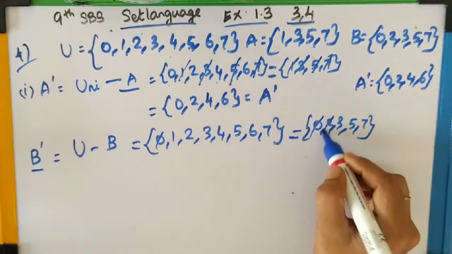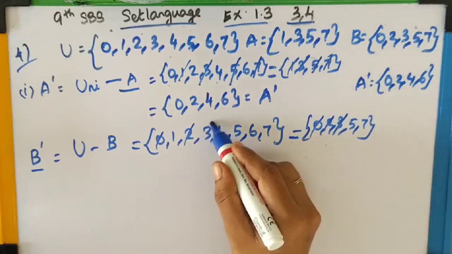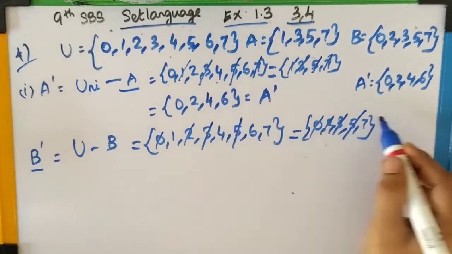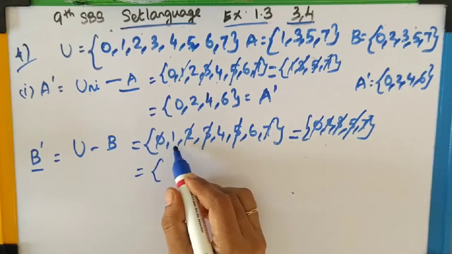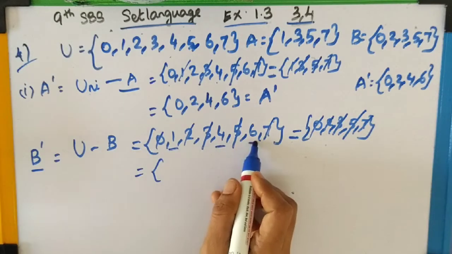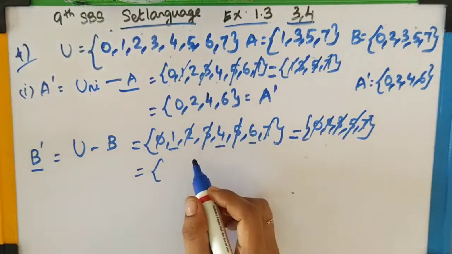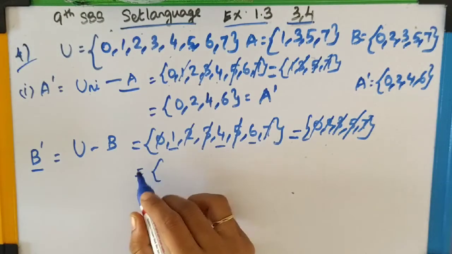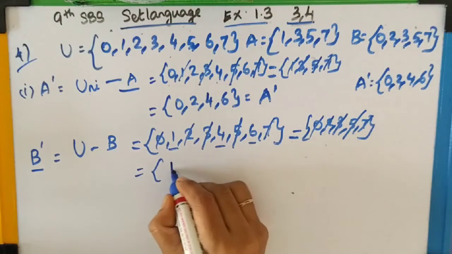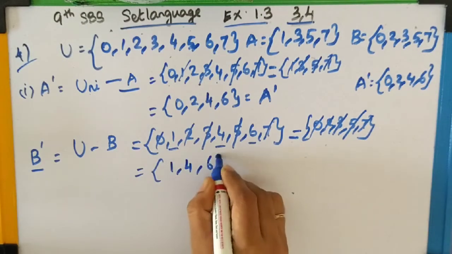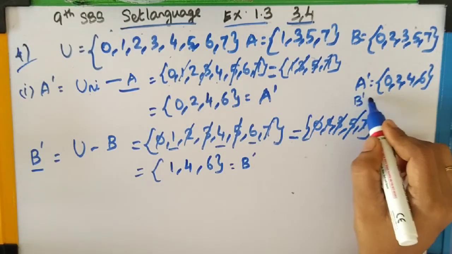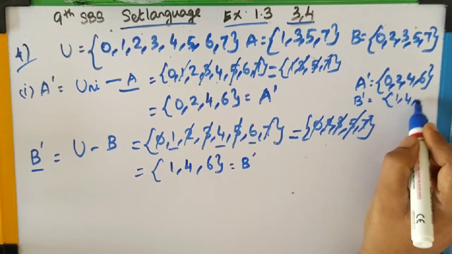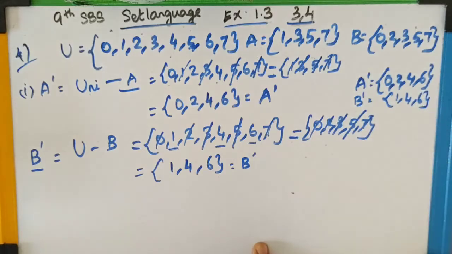We have to cancel the common elements between the two sets: 0, 2, 3, 5 and 7. Now, write the remaining elements of the first set, that is the universal set: 1, 4 and 6. Okay. Now, 1, 4, 6 is B dash. That is universal set difference B. So, I am writing B dash here for reference of the next sums.